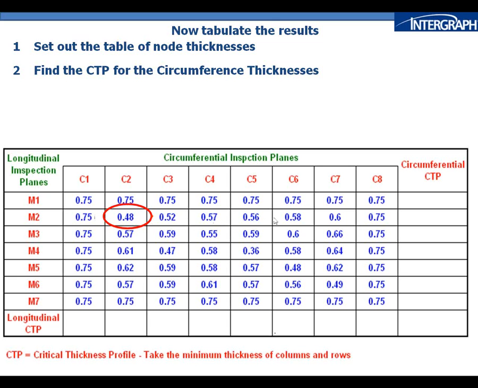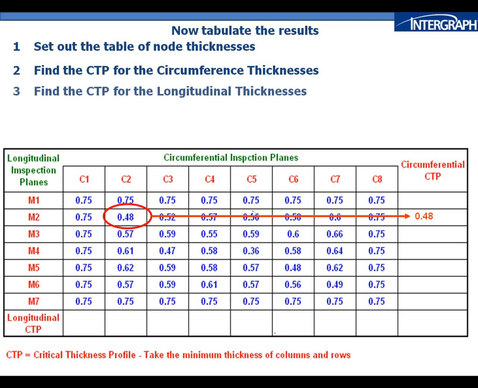All these points on the line, and we just mark that point in this here. And then we look at the minimum thickness in the longitudinal direction, and I've chosen this point. And if you look at all these points down here, you'll notice that this is the thinnest point. So we can put that number in there.